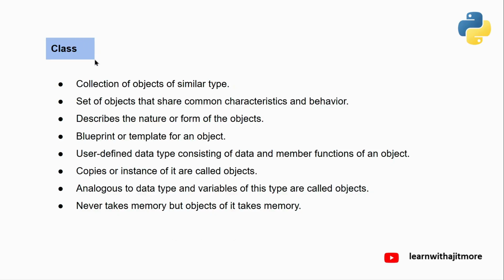Actually, class never takes means one copy of that class will always take, that is called the class space. So every class will take space, but that is called class space, once only. But objects will take space as many objects as you create. As many objects, that many times the space is duplicated. Correct? So class never takes memory, but the objects take.